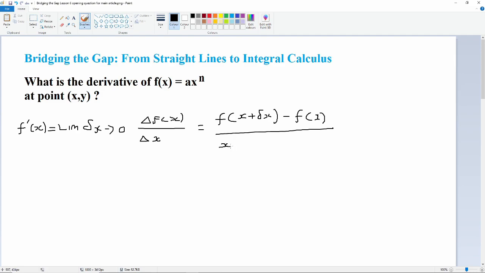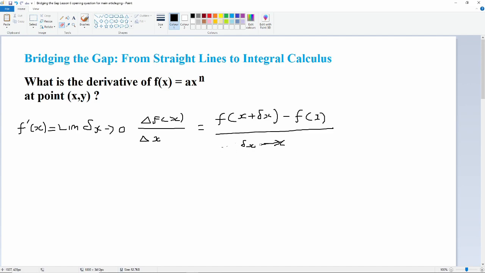Well, that's going to be x plus a little tiny bit of x minus x. And of course we've got the x there, we've got the minus x there, so they just cancel out. So this is our formula for finding our derivative.